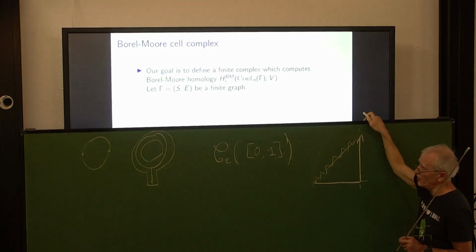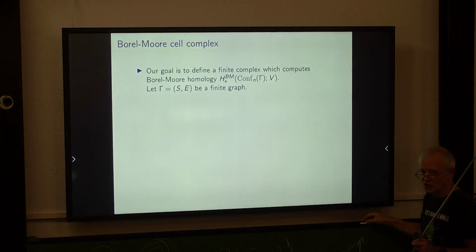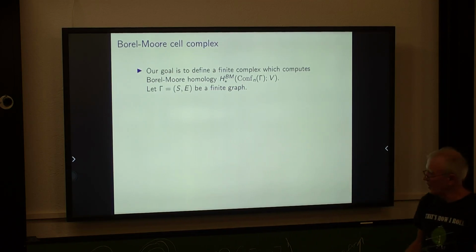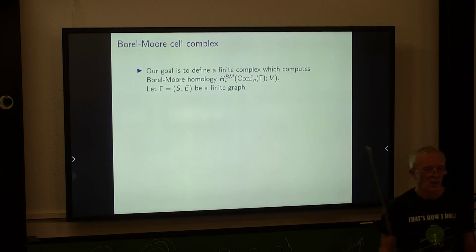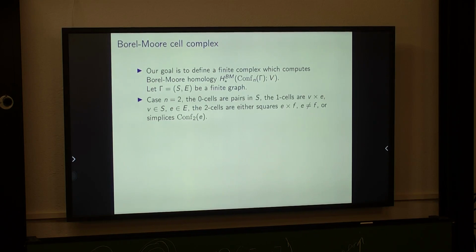So this is what I want to generally define here and use in a way which is similar to the usual CW complexes for computing the homology. So this is the goal. So I start with a finite graph where S, for sommet, are vertices. I do not use V because of the representation, and E is the set of edges.